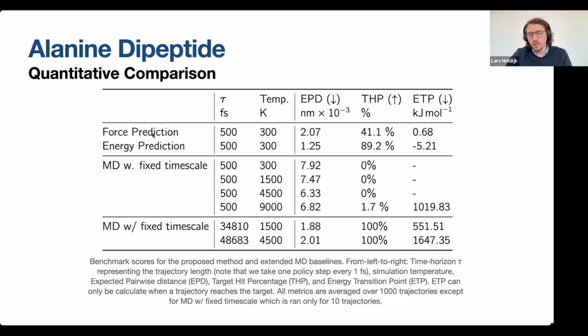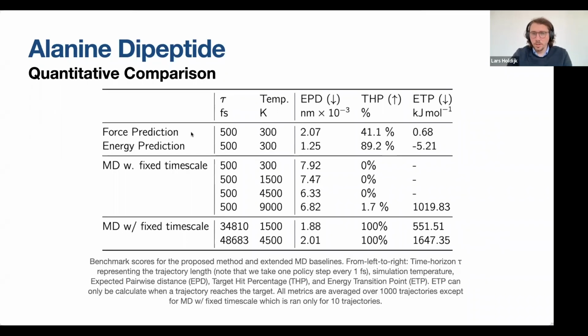And while it does hit the target state, the trajectory has clearly just visited a lot of random positions, because its internal energy was quite a lot higher than we found with our own method. And then we also compared it to MD, but now we run it without fixed time scales.